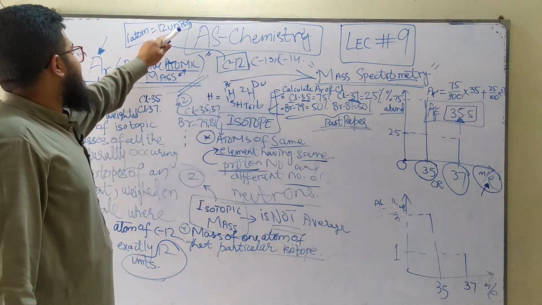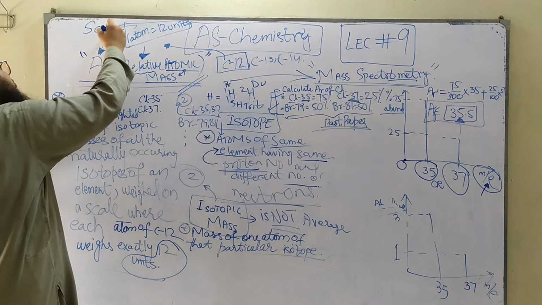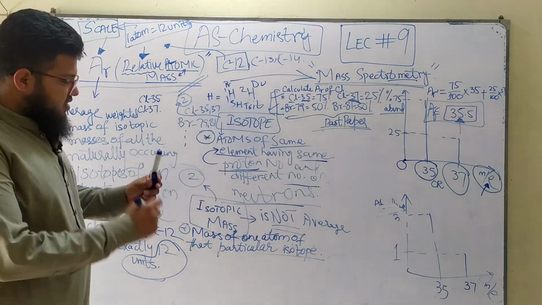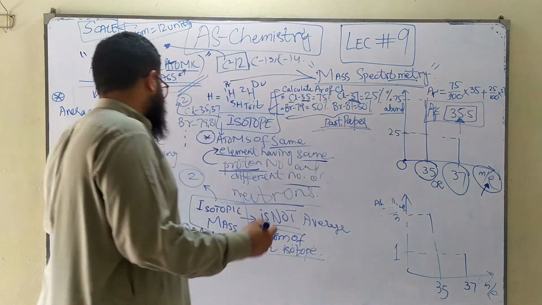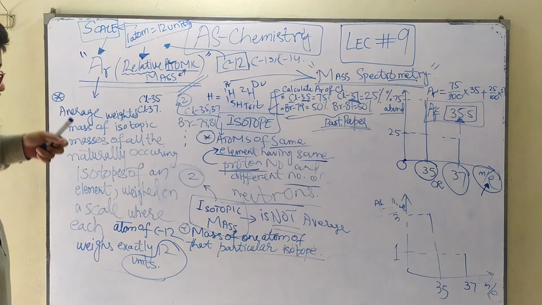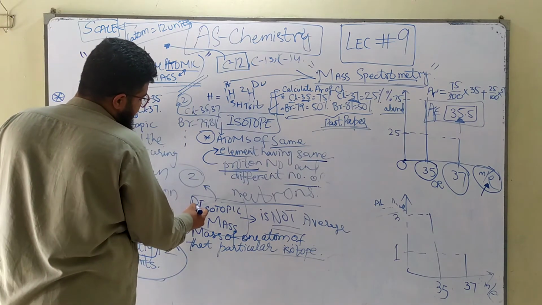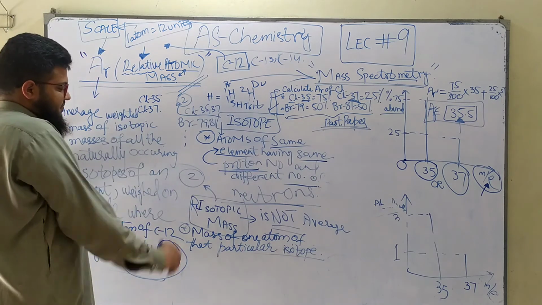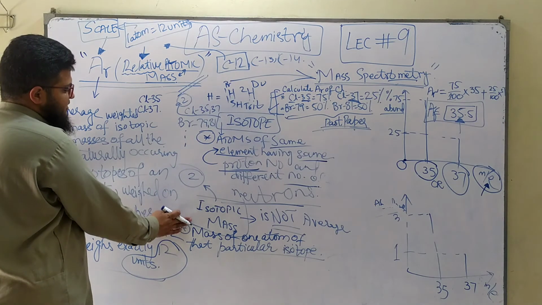This is our standard of that scale, the scale which measures the mass of the different isotopes. Similarly, you could call the isotopic masses the relative isotopic masses as well, because they have been measured relative to the carbon 12 atom, but generally it's just isotopic mass that is usually asked.